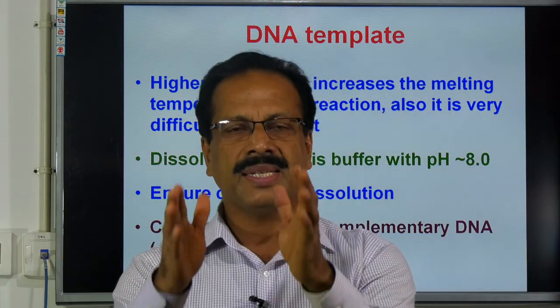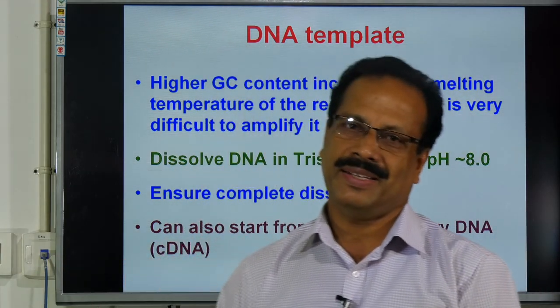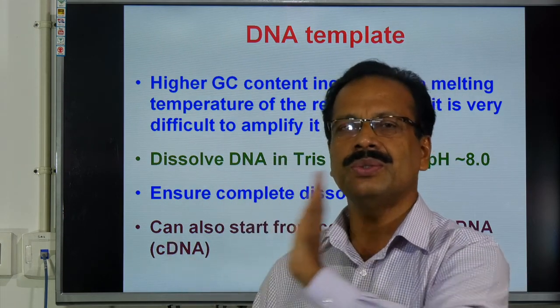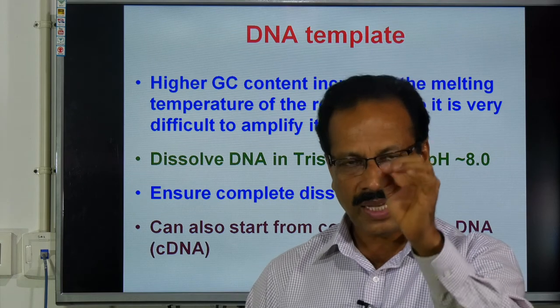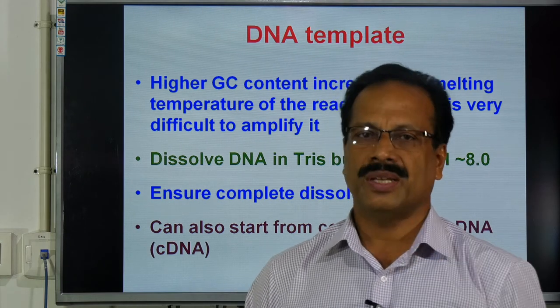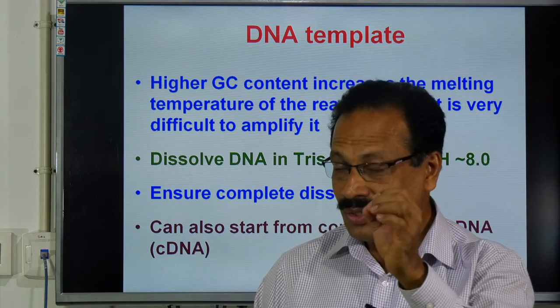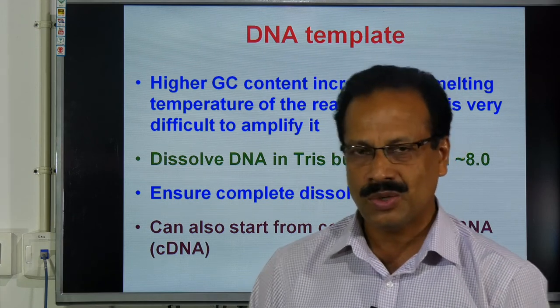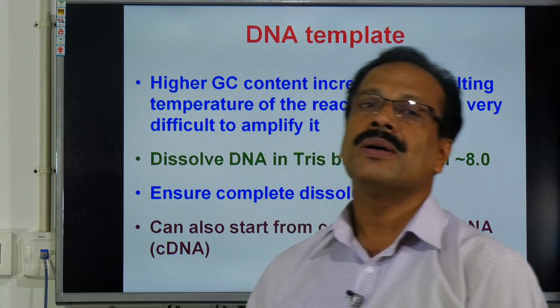So now you are getting a mixture of complementary DNAs. All the mRNAs are converted into DNA. From that, you amplify your gene of interest. For that job, to be specific for your gene of interest, you use specific primers.